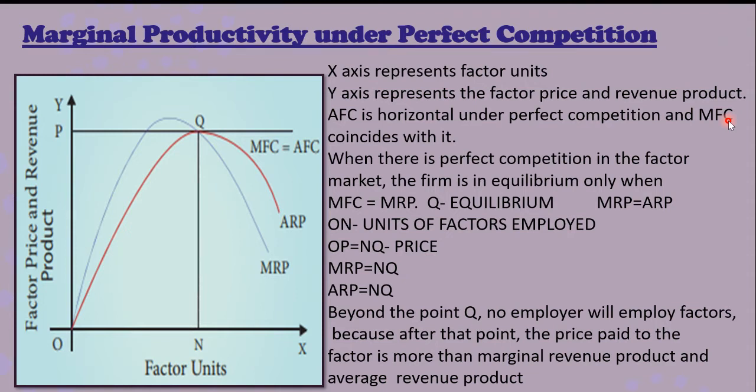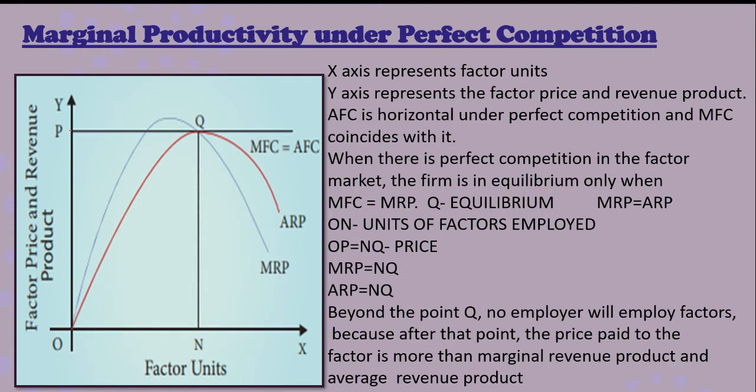So based on that, in a perfect competition, the AFC curve and the MFC curve are horizontal straight lines parallel to the x-axis. I repeat, AFC is a horizontal straight line which is parallel to the x-axis. MFC is also a horizontal straight line parallel to the x-axis. That's why the AFC curve and MFC curve coincide with each other.